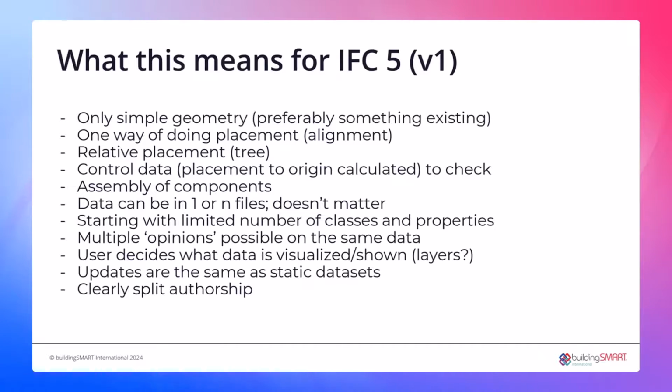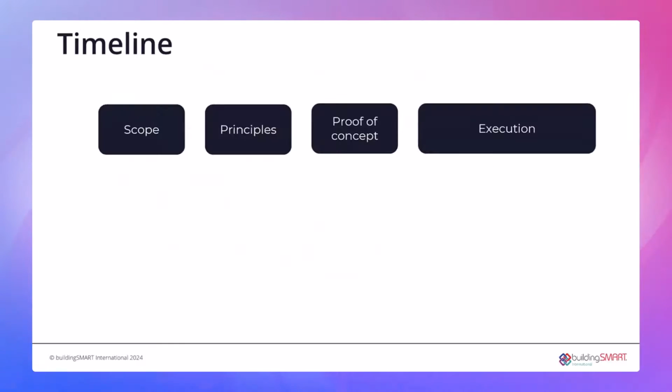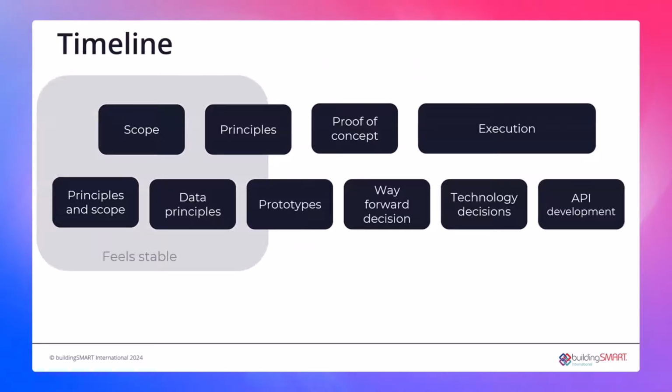All right. So, law of text, thanks for hanging in there. As a timeline, like I said, I'm skipping over a lot of these basic questions because I have a feeling we already did this scope and principles part, and that feels stable. I don't have to explain anymore that we're moving away from this export file import kind of stuff.